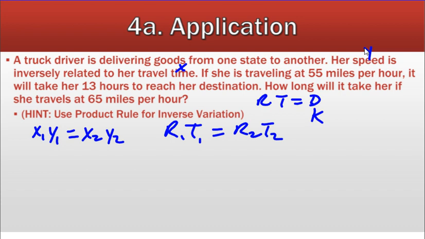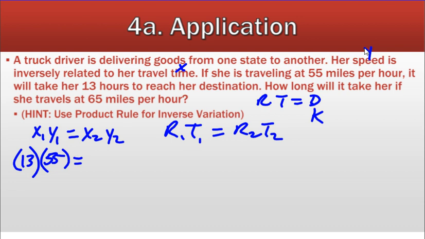So let's put in 55 miles per hour would be our speed, so our y. So 55, she'll get to her destination in 13 hours, which is our x.